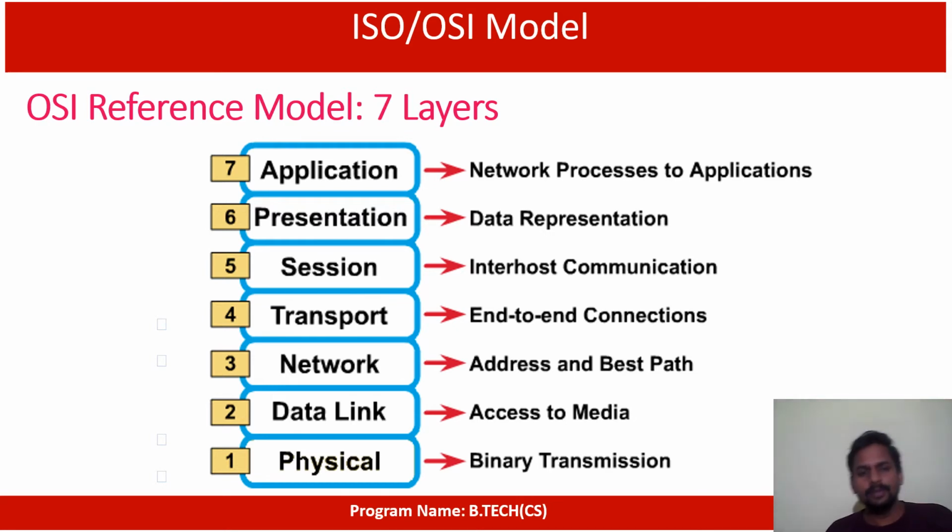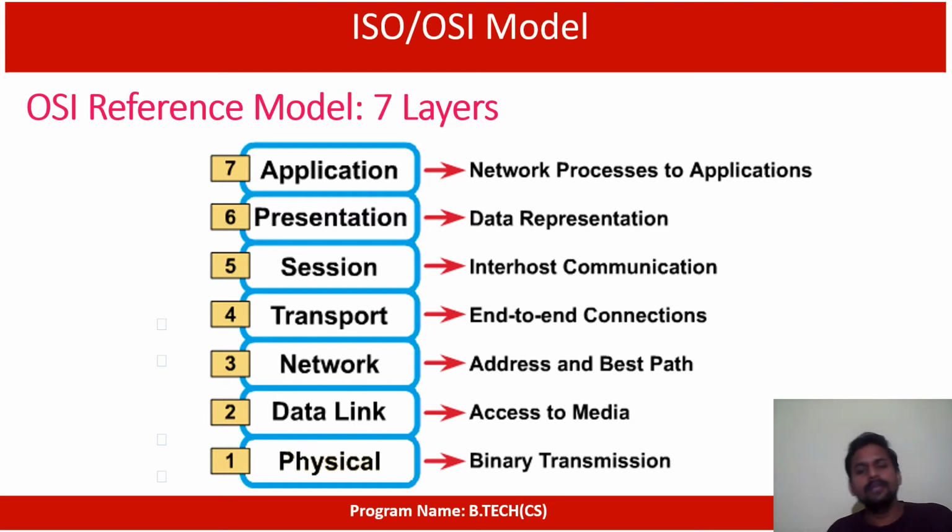Next to this box I mentioned something: if it is the physical layer, then it is binary transmission; data link is access to media; network is address and best path; transport is end-to-end connections; session is interhost communications; presentation gives the data representations; and finally the application layer is the network process to applications.